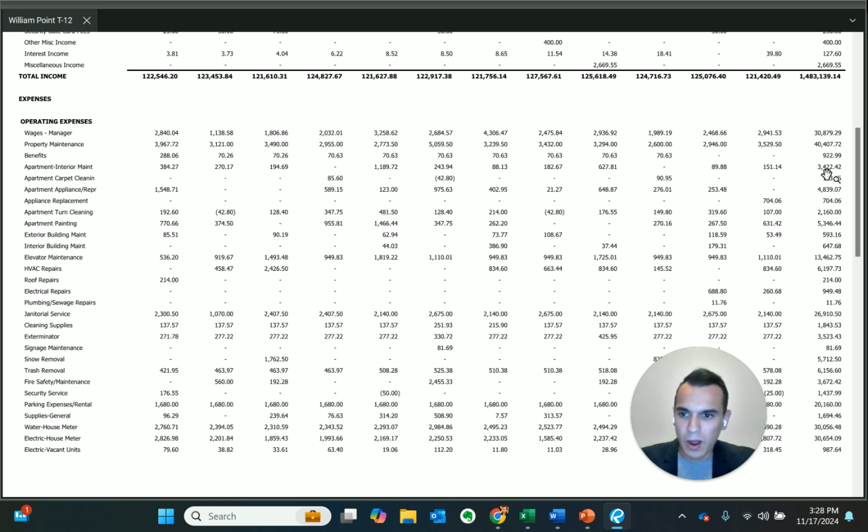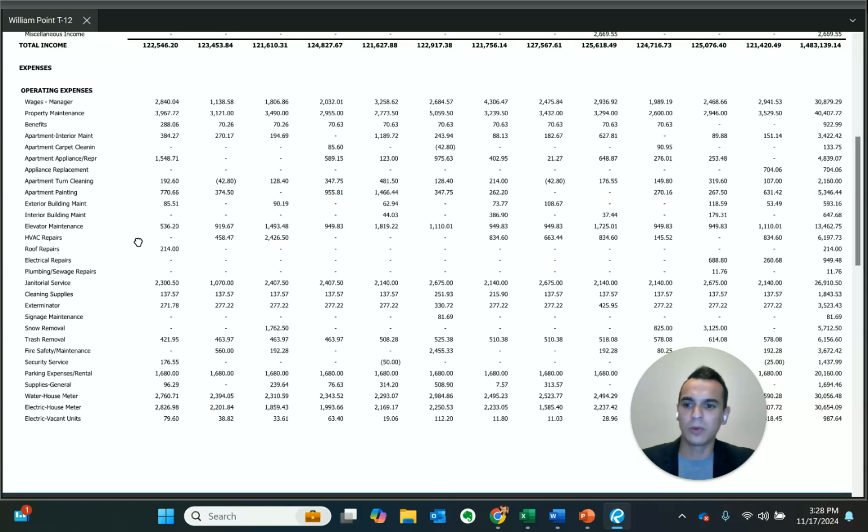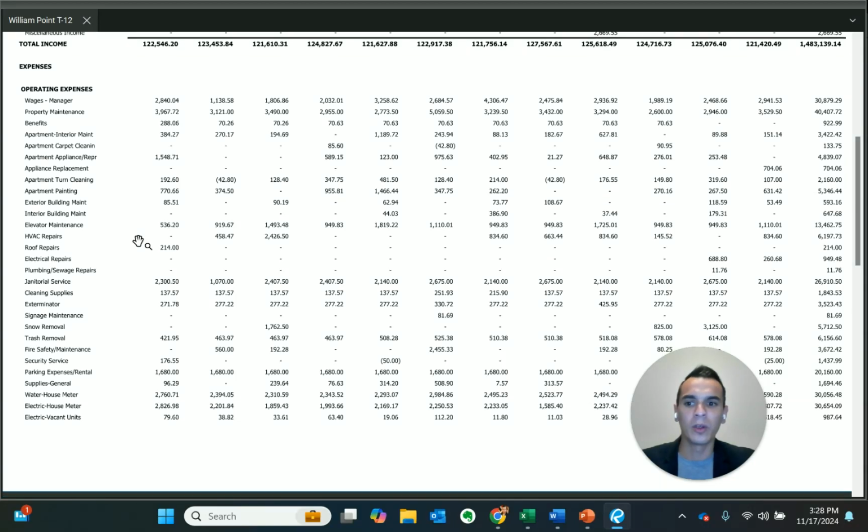Everything interior-wise is kind of captured in these line items. Apartment painting. Remember, we're not putting CapEx into here. All of this is maintenance related, and we'll get to that towards the end when we look at the whole net operating income and net income of this investment.